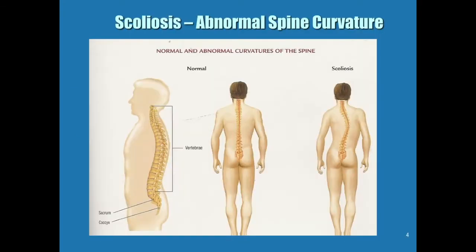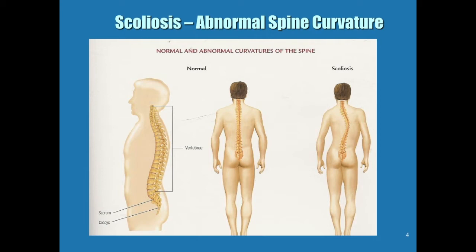So here is a nice picture of what it looks like, normal versus a scoliosis curve. And you can look at the shoulder. Notice the anatomic difference between that right and left side. You see that nice normal flattening from the neck to the upper arm? Well, that's absent on the left side.